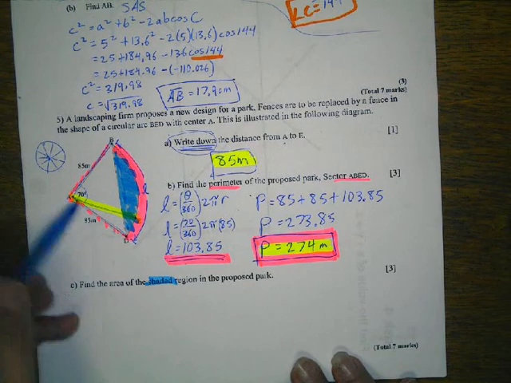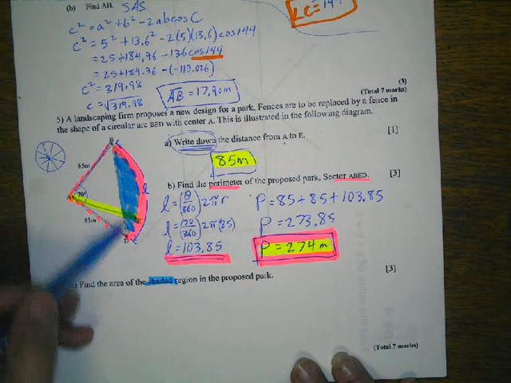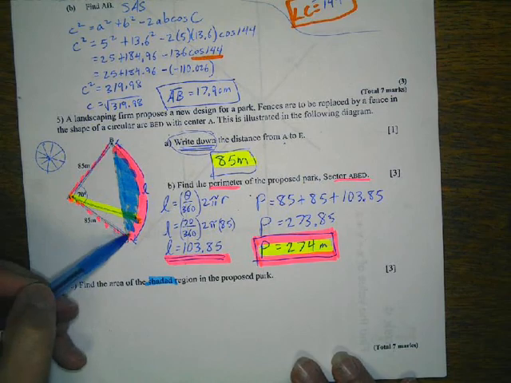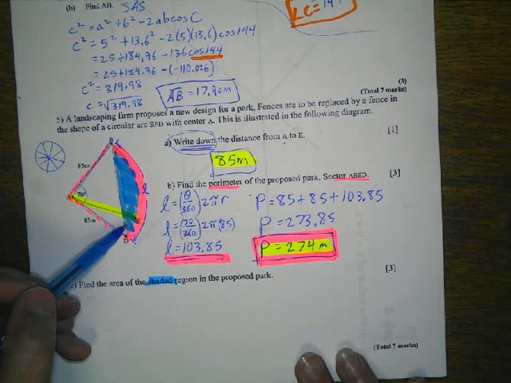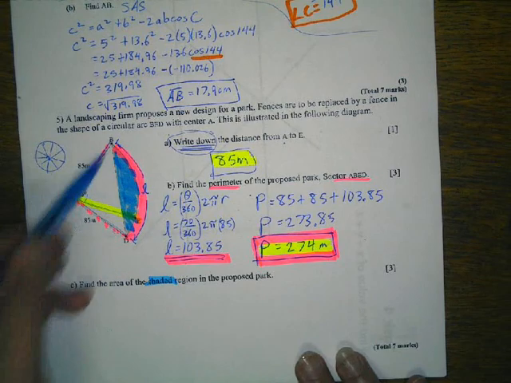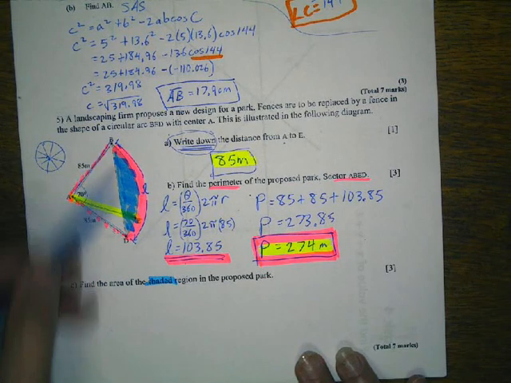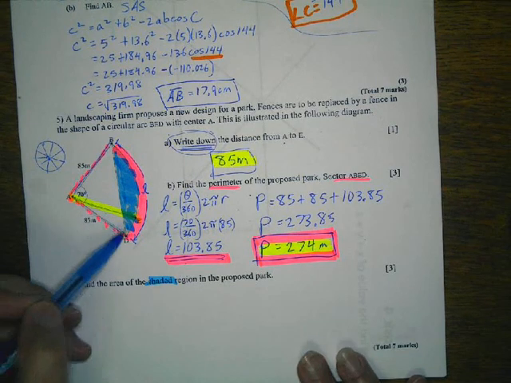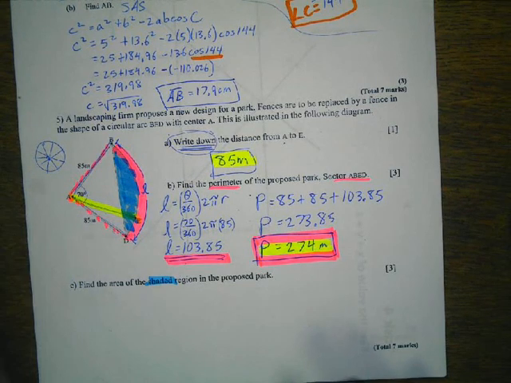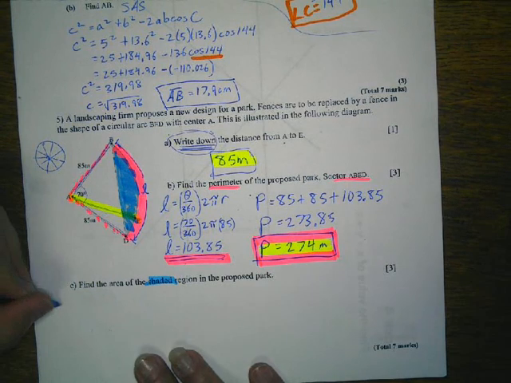And think of this triangle here as the cheese on the pizza. And think of this blue part as the crust. I want to find the area of the crust. So I can figure out the area of the pizza, subtract the area of the cheese, and now we are left with the crust.